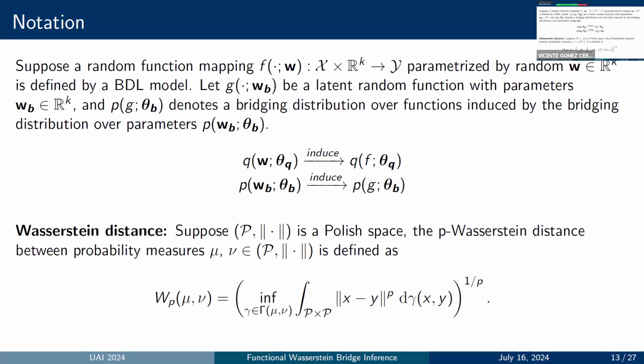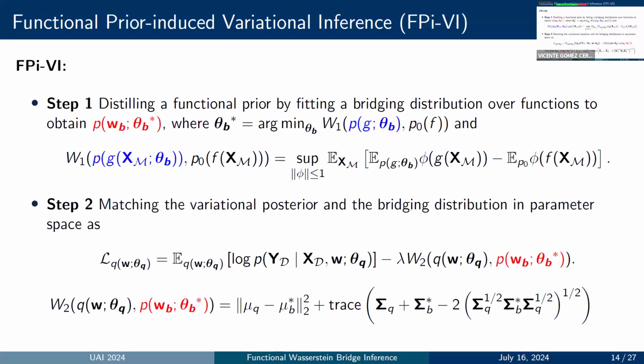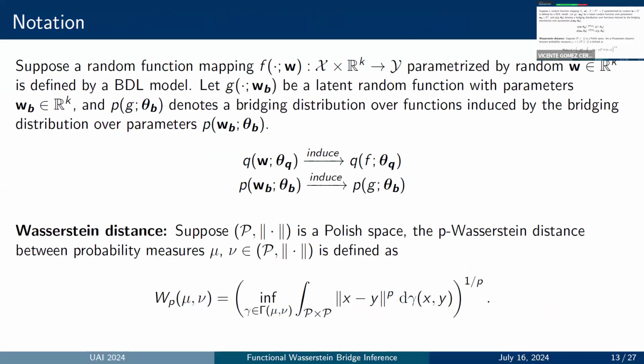Suppose that g is a random latent function parameterized by w_B, like the definition of the variational posterior over functions Q of F induced by the variational posterior over parameters Q of W. We denote that P of G parameterized by theta_B is a bridging distribution over functions induced by the bridging distribution over parameters P of W_B.